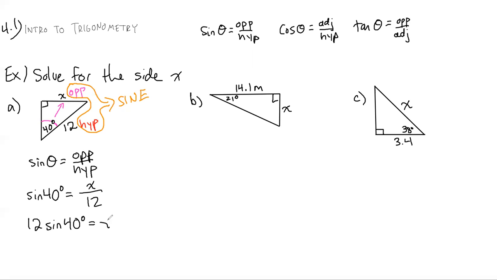And this is just calculator work. I want you to be really careful with what you punch in your calculator. Look around the screen. If you have a scientific calculator, you want to look for either a D written somewhere or a DEG. If you see that, your calculator is set to degrees, which is good because 40 is written in degrees.